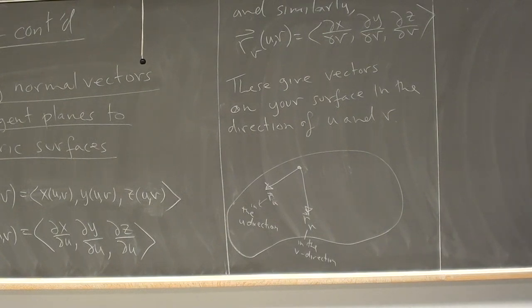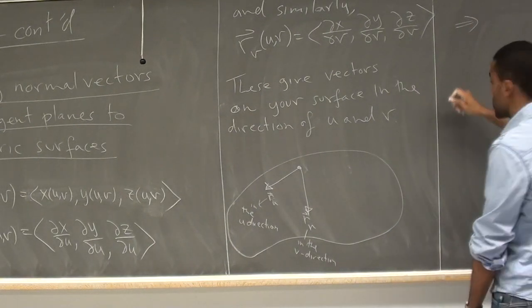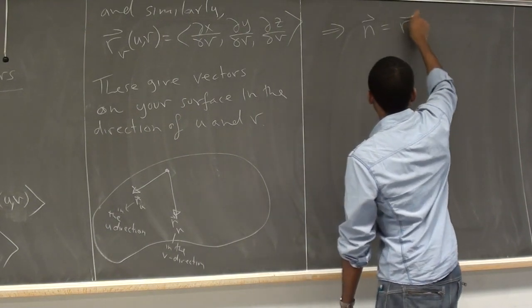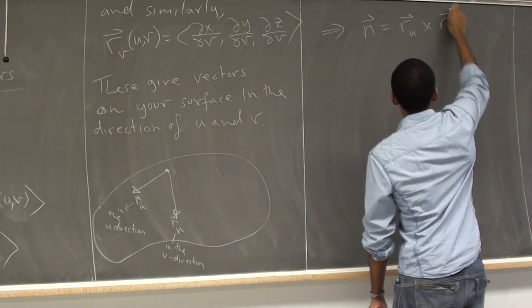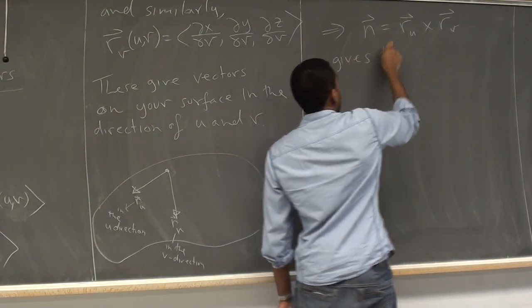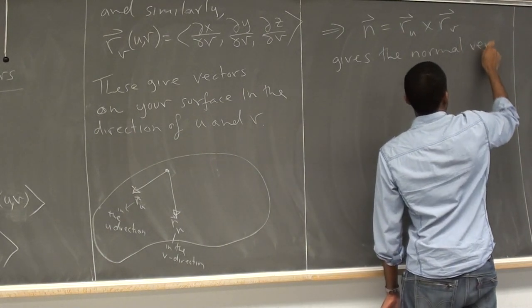So knowing that, how do you think you'd actually find a normal vector? Cross product. Right. With simple arguments, we can get that N equals R_u cross R_v gives the normal vector.